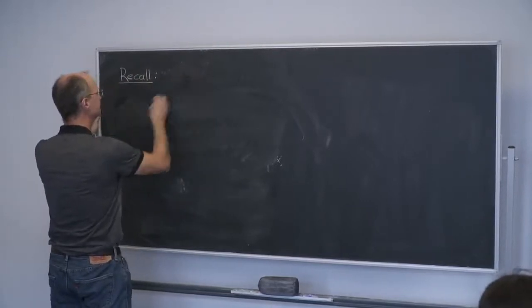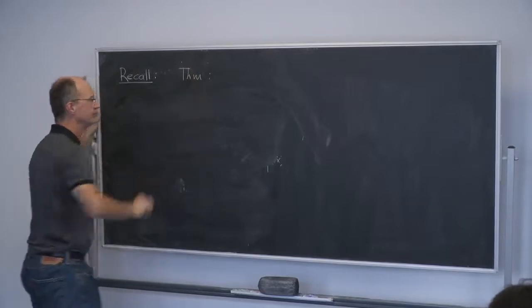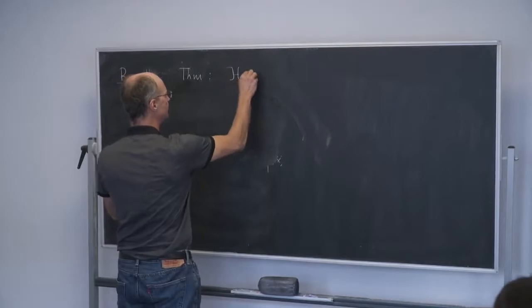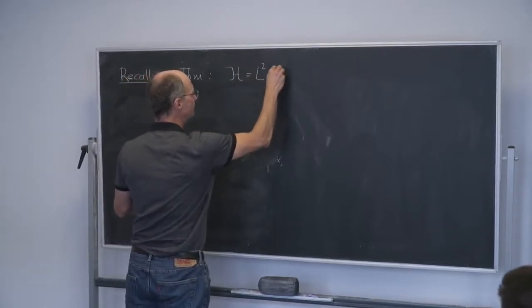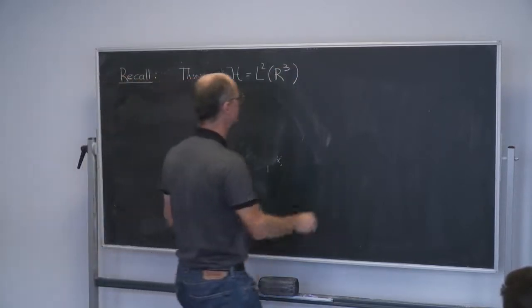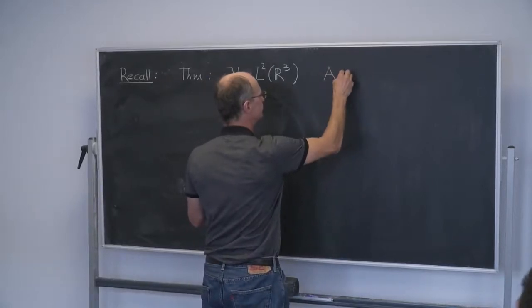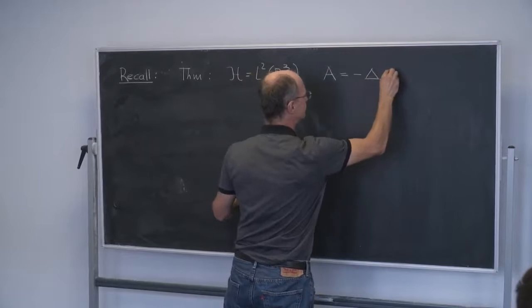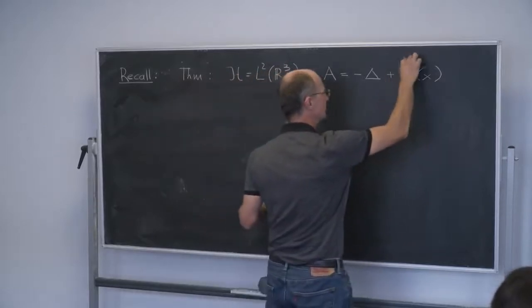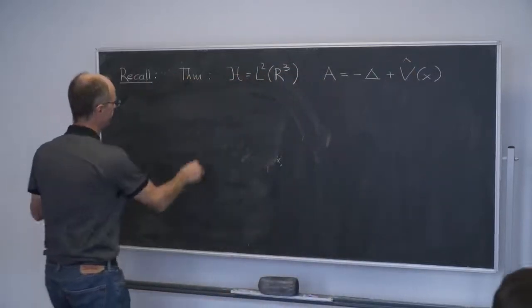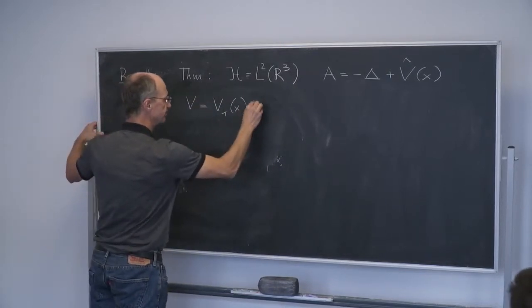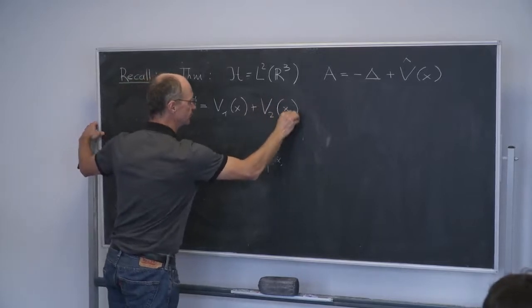So we were discussing for the first time a real-life example, well, almost real life. So H is L2 of R3, and A is minus Laplacian plus the multiplication operator by some function, where this function was the sum of two terms.